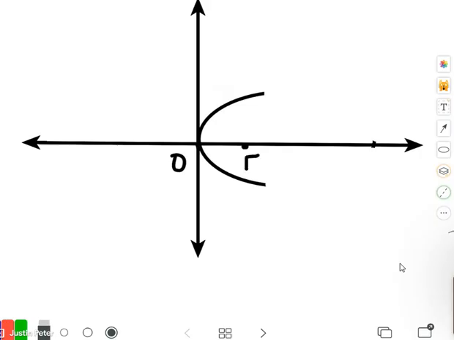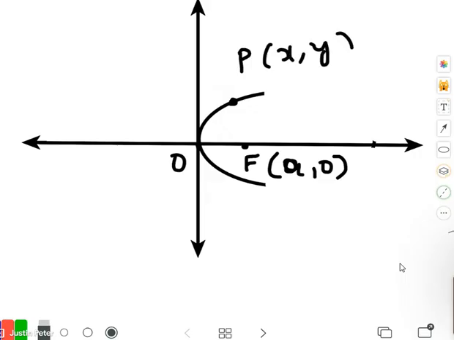The focus is a comma 0. Choose a point P whose coordinates are x comma y. Let's take the directrix. The directrix is going to be a units from the y-axis on the other side.